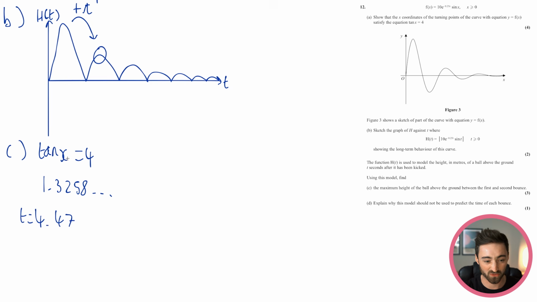So this is tan x equals 4. We changed to t in this one, so let's just be really proper and call it tan t. What do we now need to do? Well, we need to find that maximum height. We've got the time value, so we just sub it straight into that equation, right?